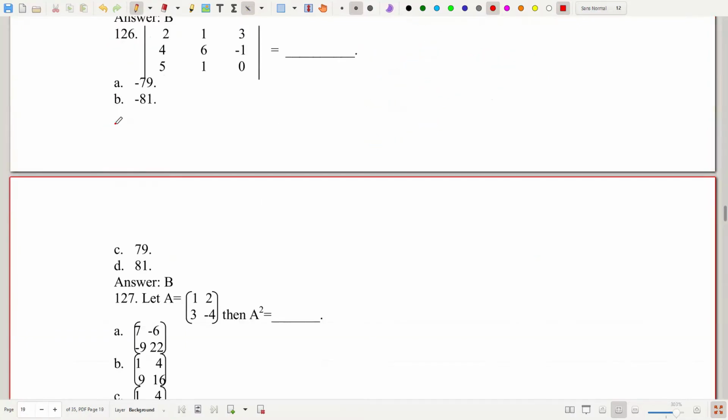Question number 126. 2, 1, 3, 4, 6 minus 1, 5, 1, 0.